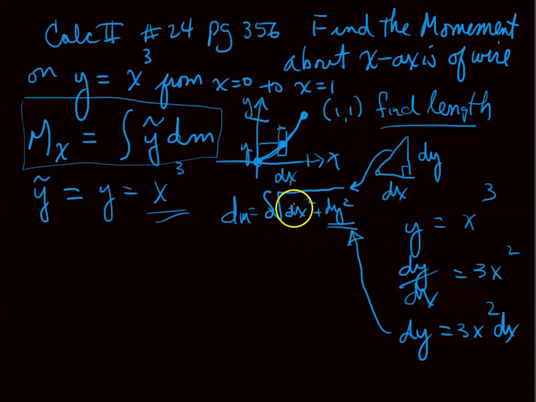But I want this in terms of x, so I need to change the dy to this and square it. So all of a sudden this problem that seems simple becomes a little more complicated. This also goes from 0 to 1. That's what the x's go to. It's also the y's, I guess, so it doesn't really matter. But in this case, just to make sure. So y tilde is x cubed.